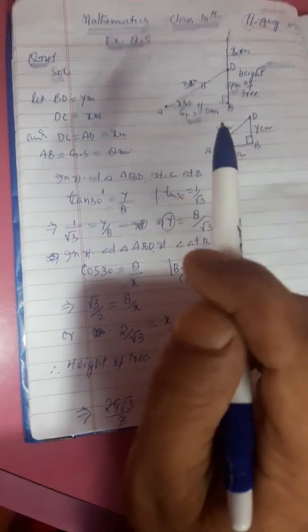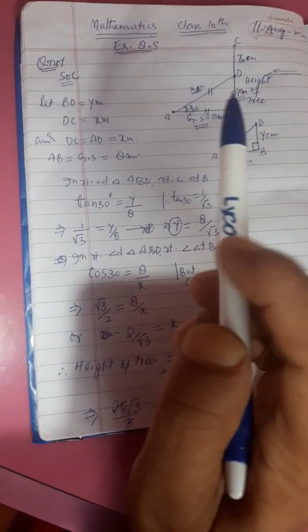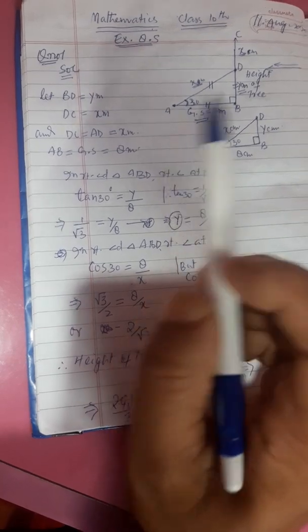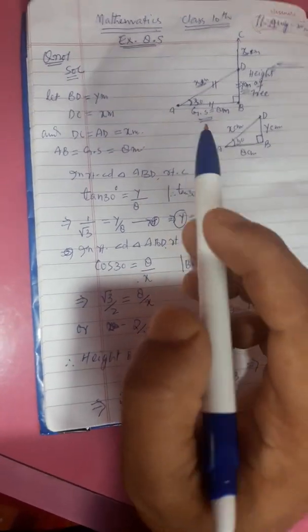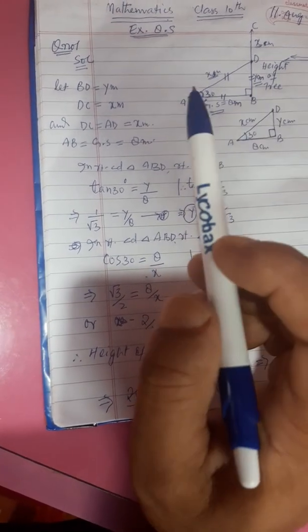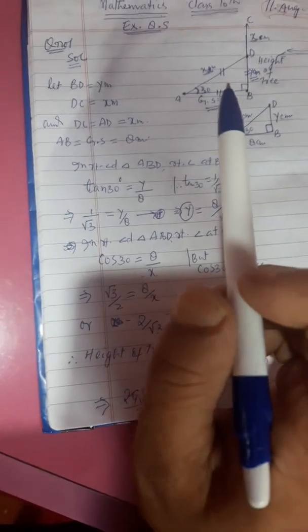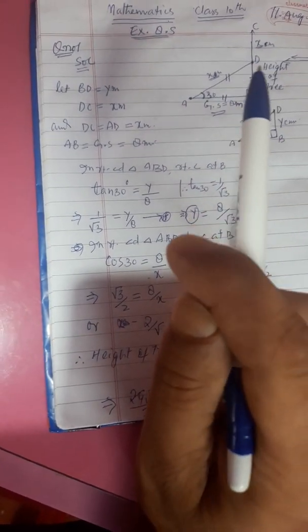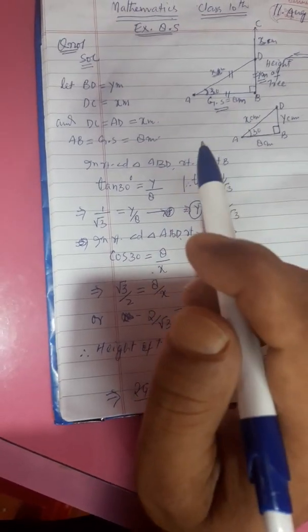In this manner we get the value of y, and thereafter we focus on the other part, that is the hypotenuse. We get the value of this hypotenuse, that was the upper part of the tree. Then I add this X as well as the Y, because that is the height of the tree, and once I add them, we get the value.